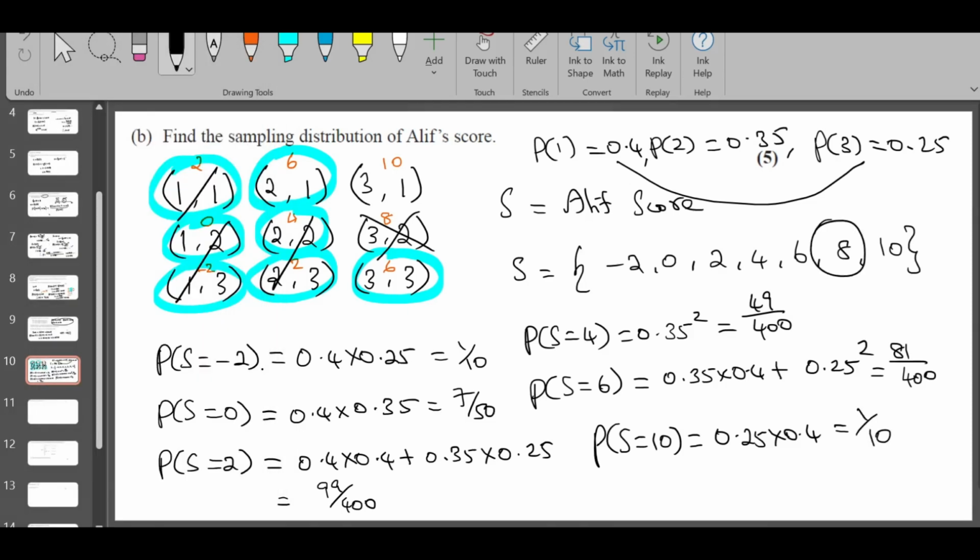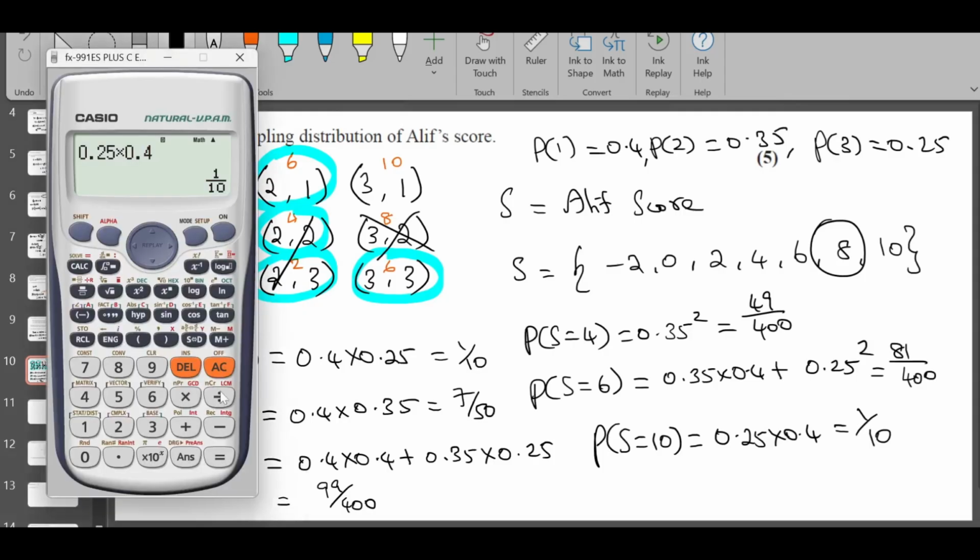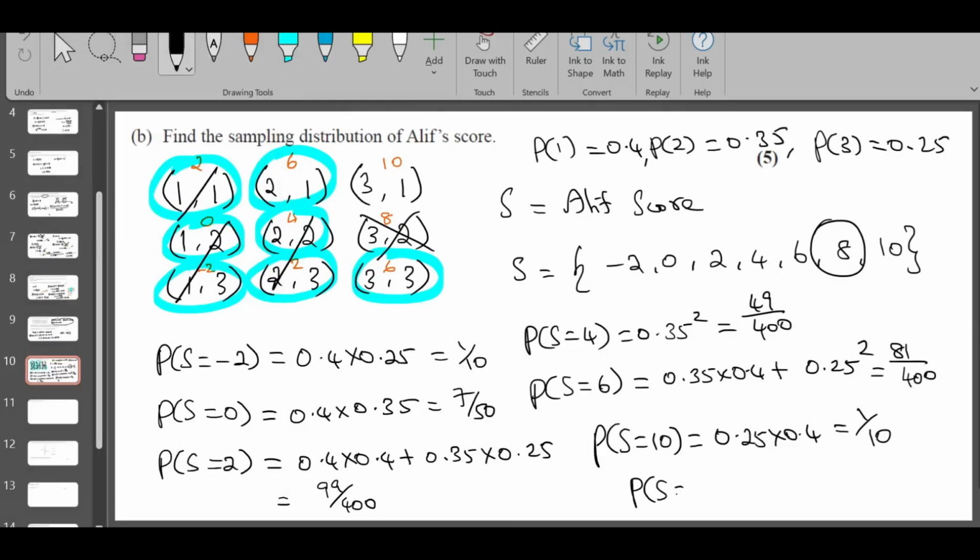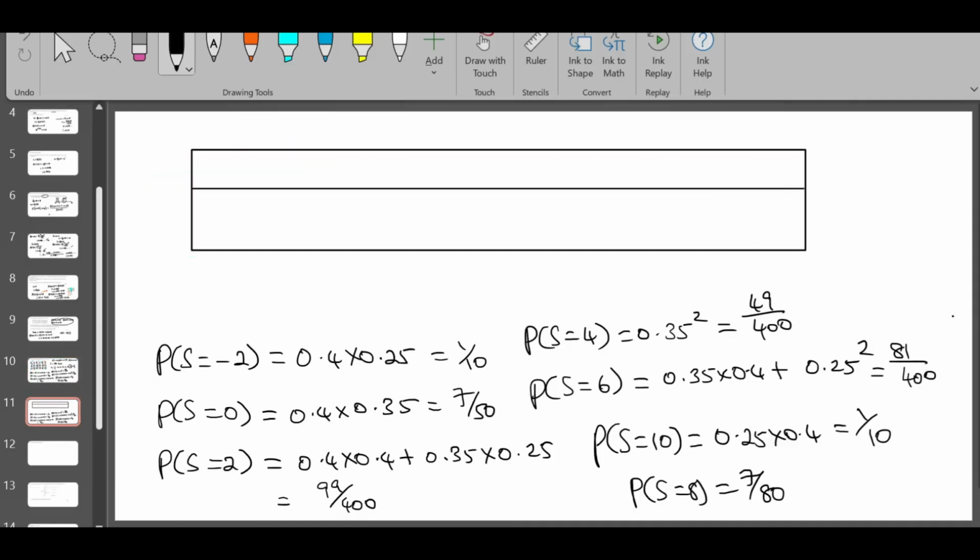And for 8 you take the answer from part A. For 8 it's 3 and 2, so it's going to be 0.25 times 0.35, 7 over 80. We can write it here. P of S is equal to 8 is 7 over 80. We get the answer as a fraction. Now put all the values with the S values as a table. Small s, P of capital S is equal to small s.